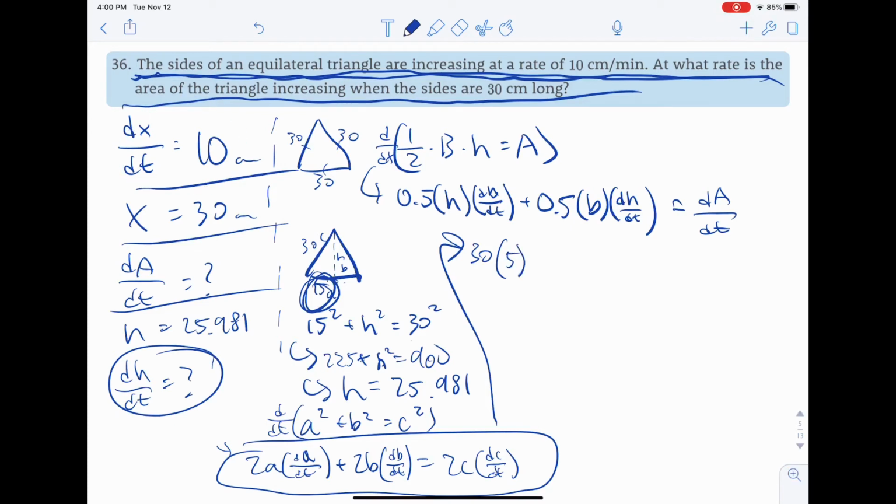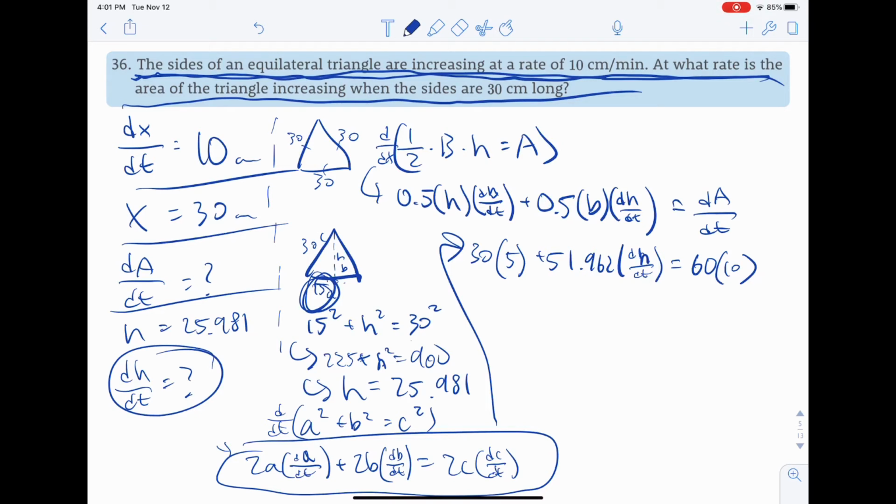So times 5 plus 2 times b. b is our height, so 2 times 25.981, which is 51.962, times db over dt. What is height increasing by? We don't know, so I'll just write height here. It is equal to 2c: 2 times the side length is 60, times the derivative of it, 10.